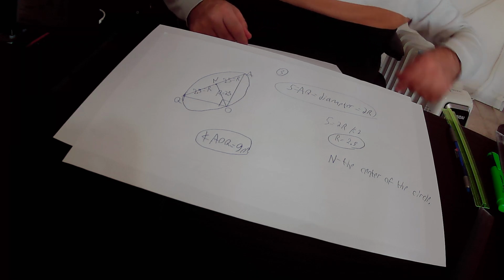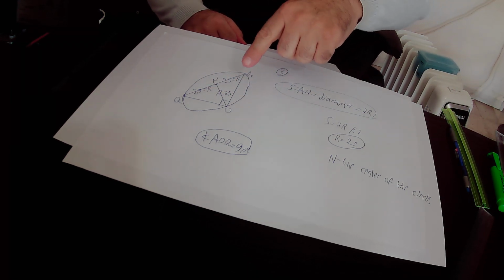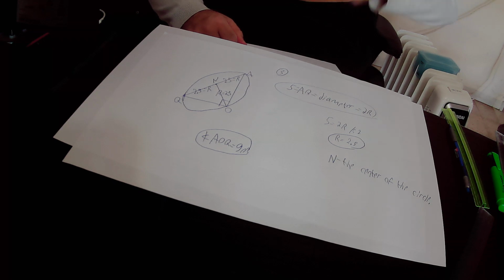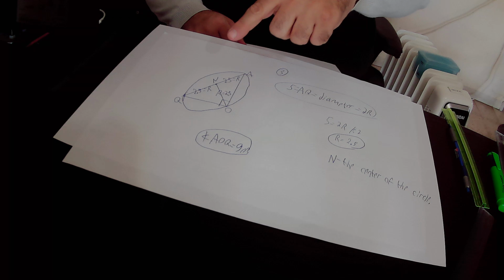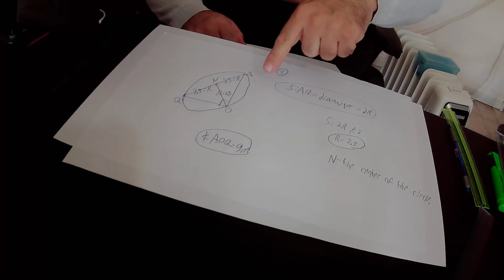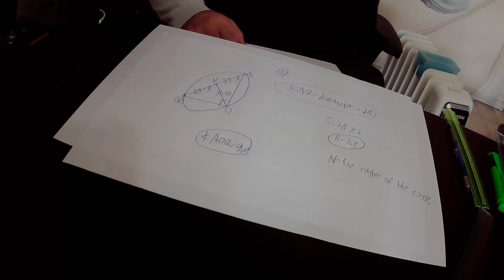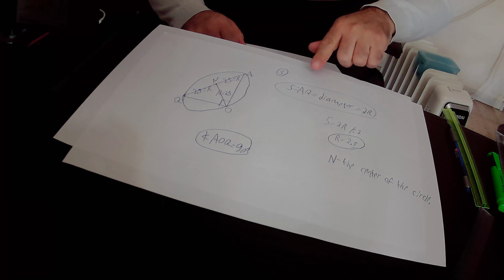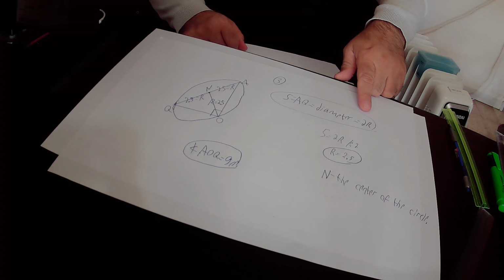In our drawing, we have peripheral angle AOQ that is equal to 90 degrees. Therefore, according to rule number 5, peripheral angle AOQ must rest on the diameter of the circle. Peripheral angle AOQ rests on QA, therefore QA must be the diameter of the circle. The diameter of any circle is 2 times the radius, so it is equal to 2r.